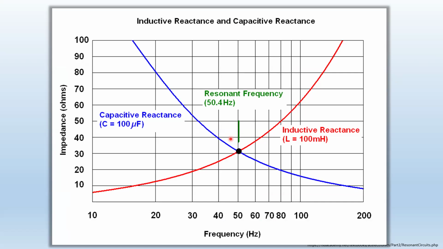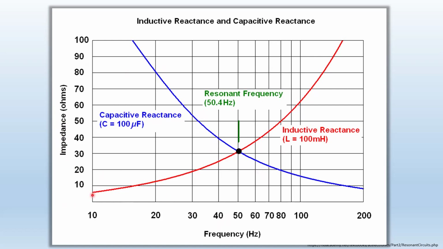And when it comes to plotting the frequency response of the reactance, well, it says impedance here, but we're talking about reactance and frequency. So here is inductive reactance in red, and here is capacitive reactance in blue.